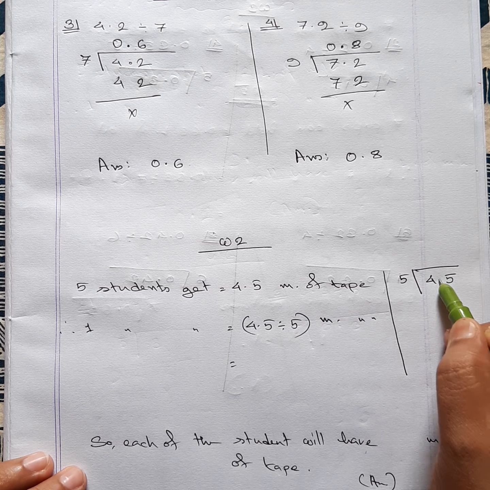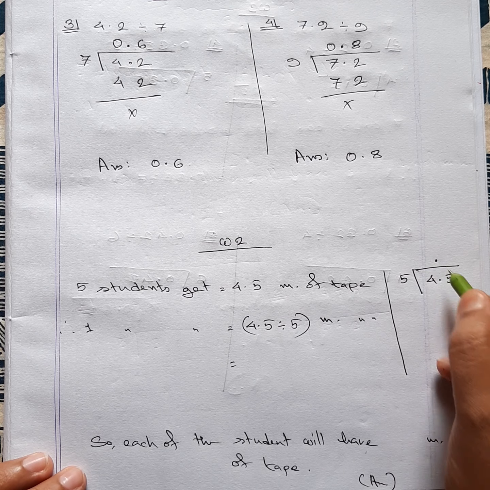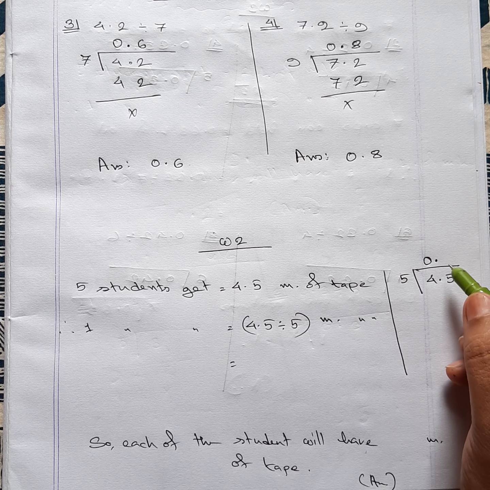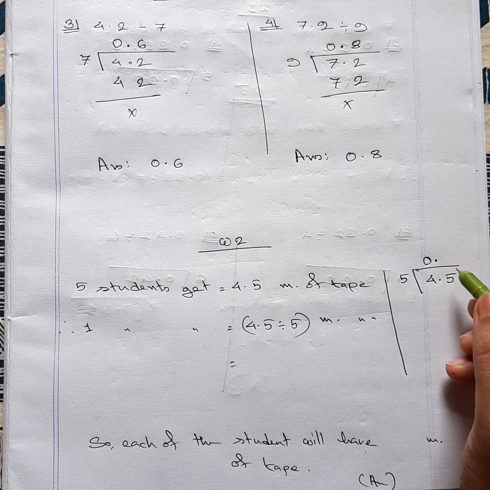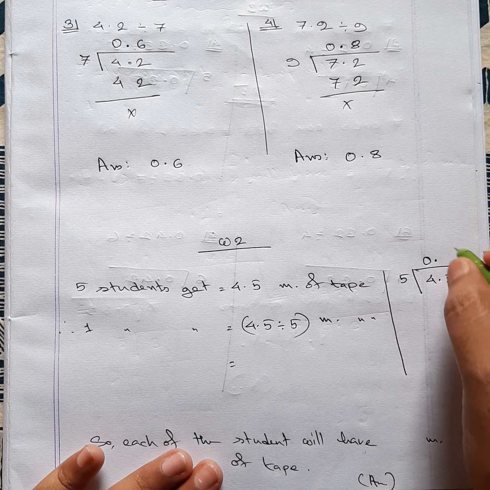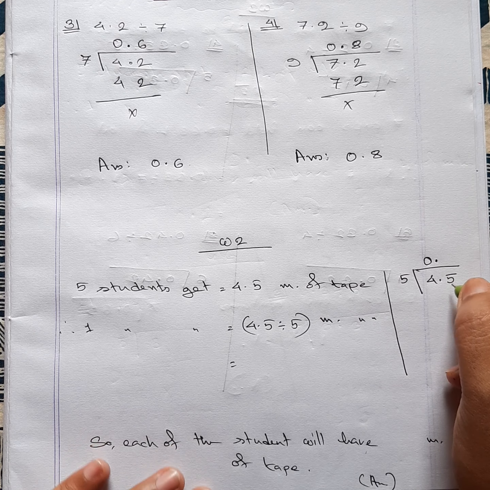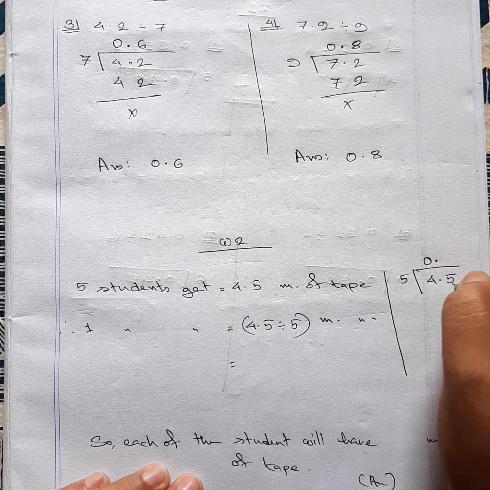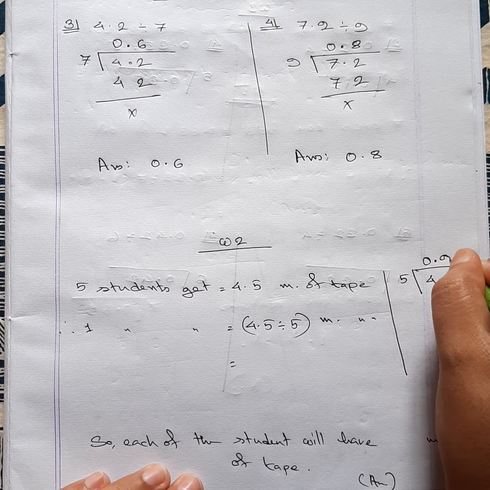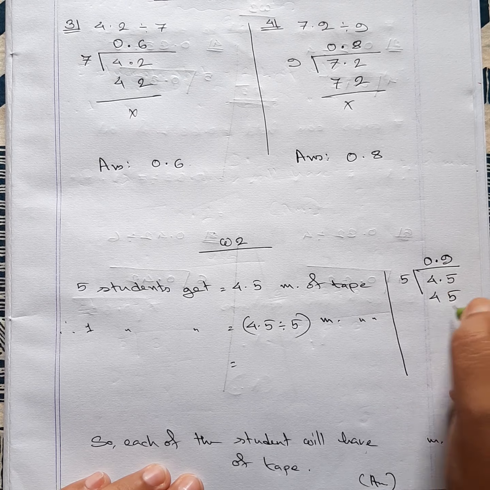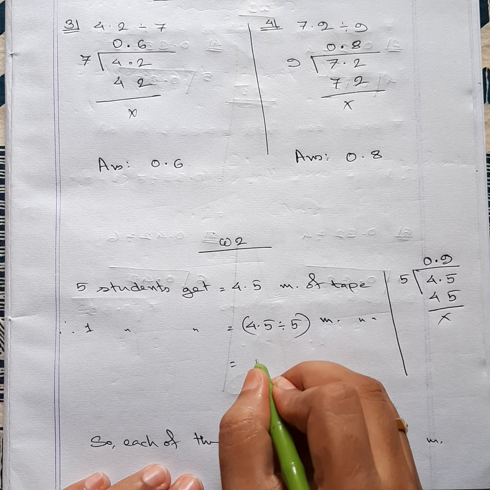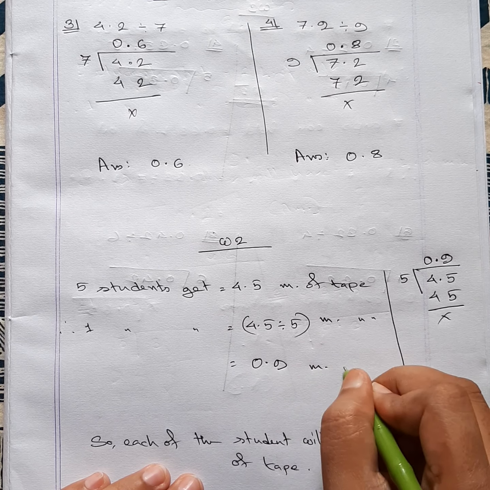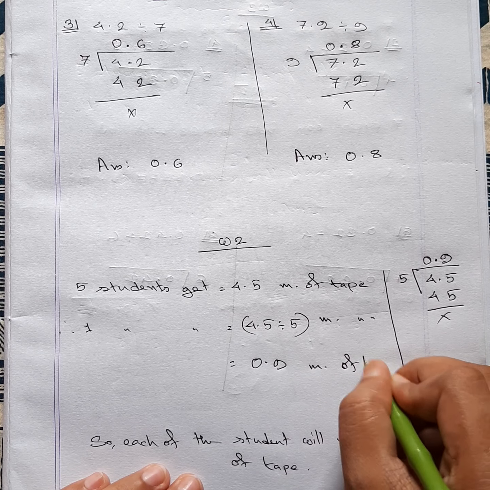Oops, we came across the decimal, so we need to put the decimal and also the 0 in front of it, because there will be no number going over here, so we will put just 0 over here. Now 45, and in 45, 5 goes 9 times, maybe, not maybe, it is the answer actually. Meters of tape.